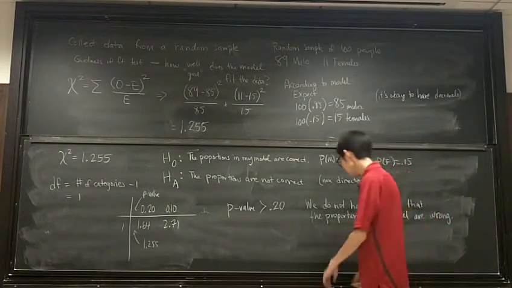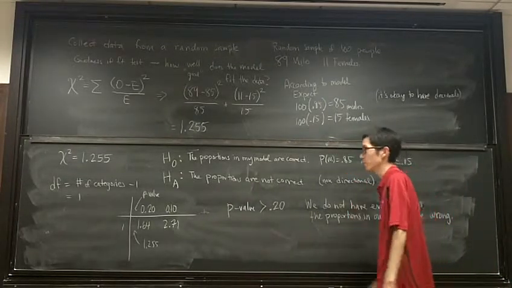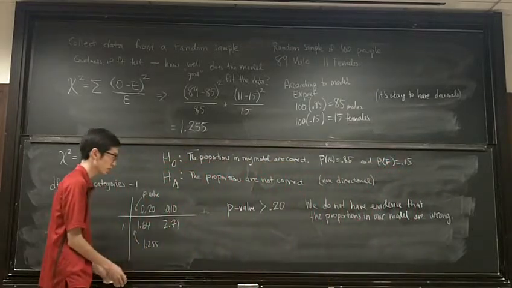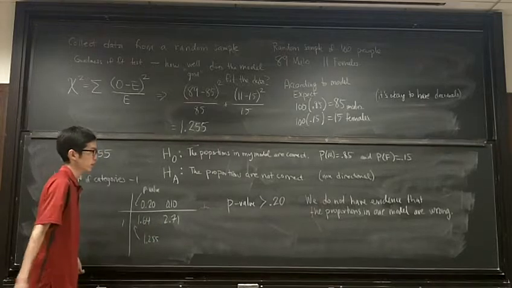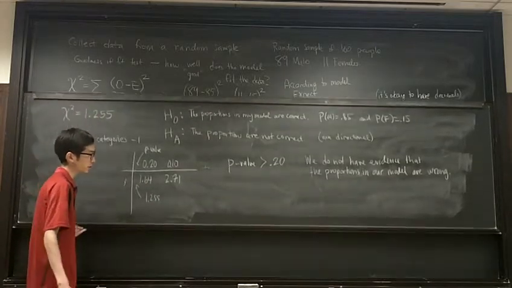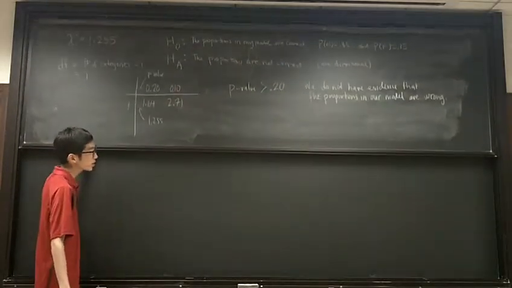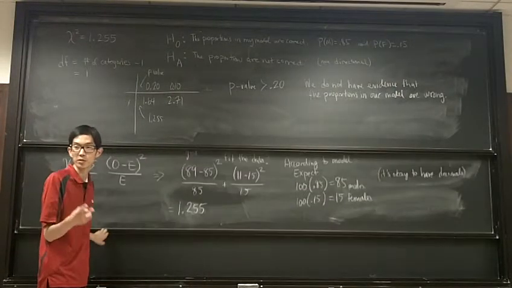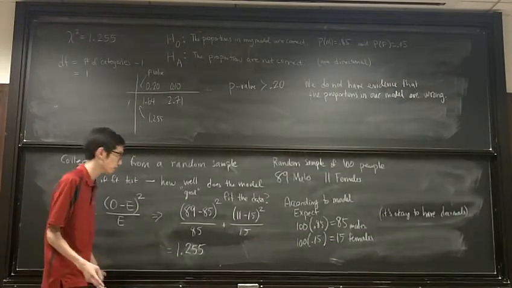All right. We can also have directional tests for chi-squared tests, okay? But directional tests are only allowed when you have only two categories.